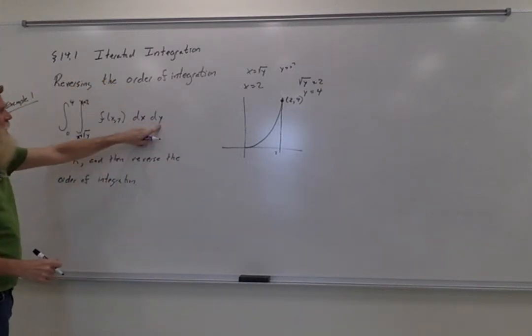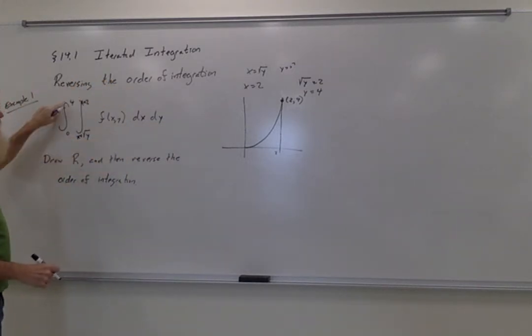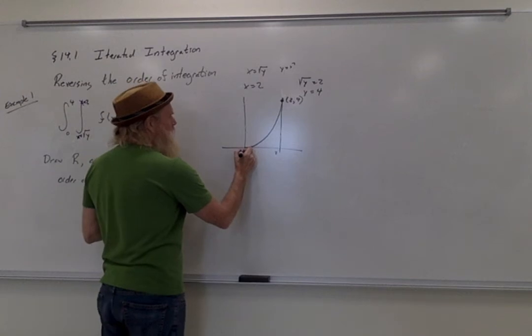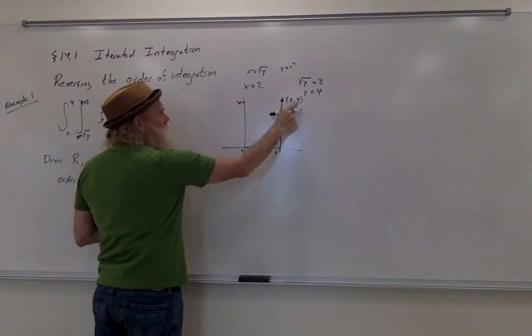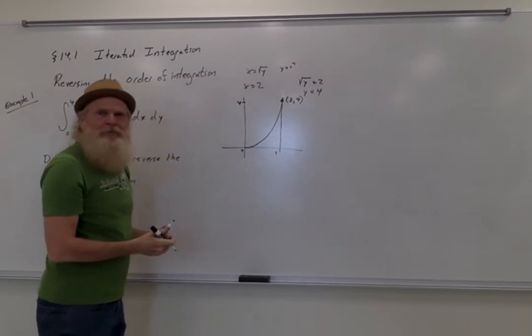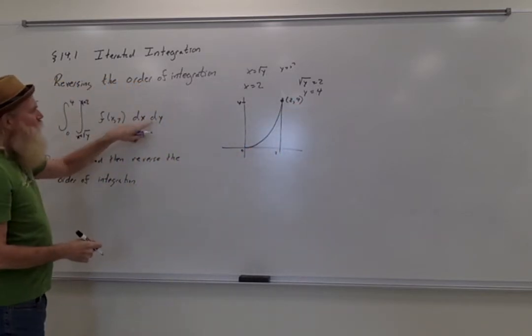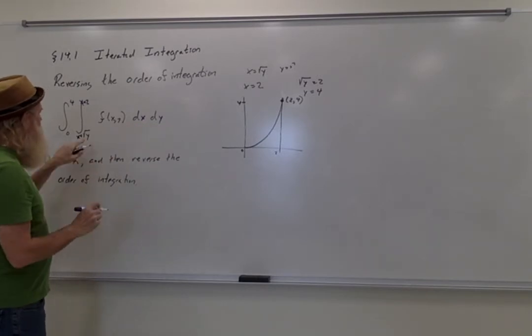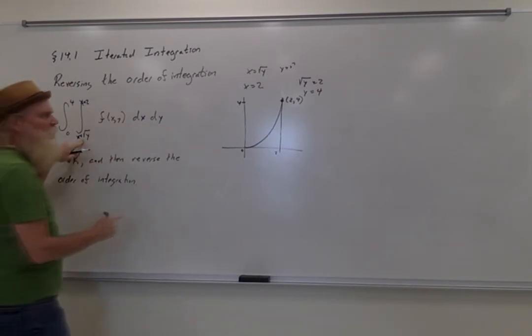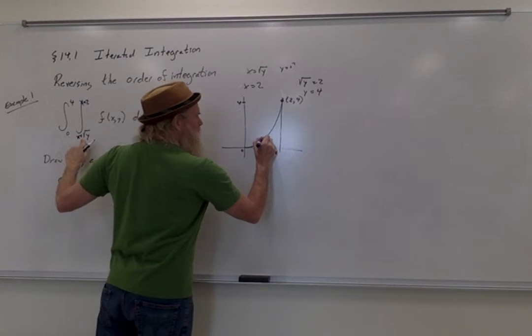Now on the outside, y is going to stay between 0 and 4, which means that I'm starting off down here at 0 and stopping up where this y coordinate is 4. Now since I'm in the order dx dy, that means that I'm slicing horizontally. And notice that I'm starting on the square root of y. So I'm starting on the square root curve.